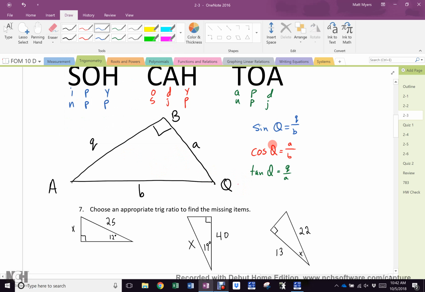If we did the sine, cos, and tan of Q, what is the next angle we're going to do? Yeah. Sine of A is what? Cos of A is what? And tan of A is what? Fill them in. Now, I am no longer sitting by Q. Now I am over here.